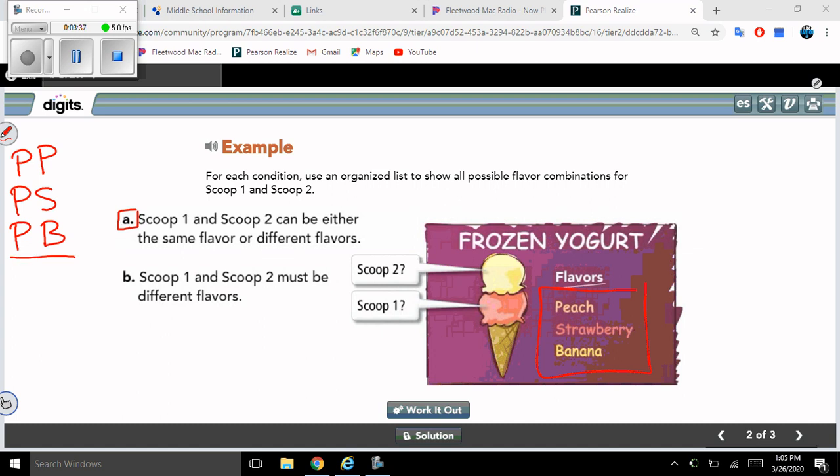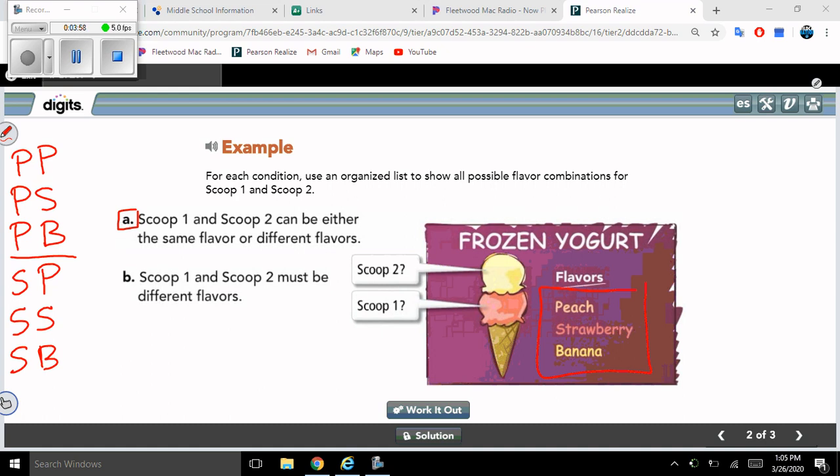Next up, you could say, I'm going to want strawberry as my first scoop, and I'm going to want peach as my second scoop. Strawberry is my first scoop, followed by strawberry as my second scoop, and strawberry in my first scoop, followed by banana in my second scoop.